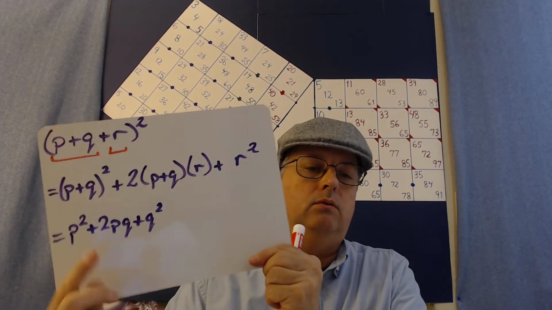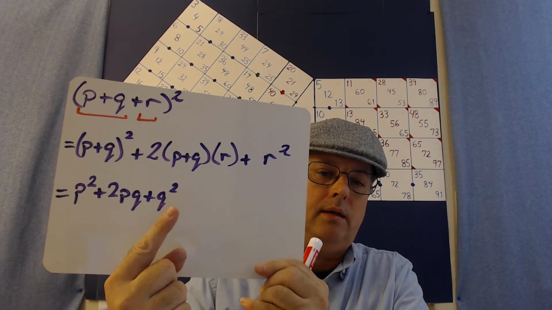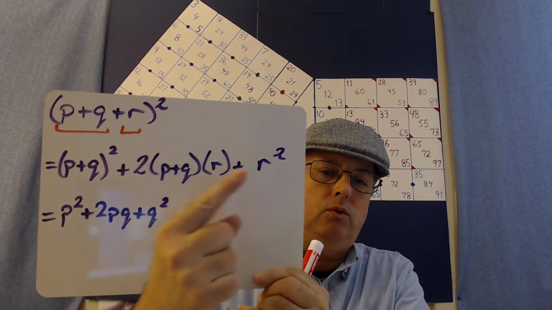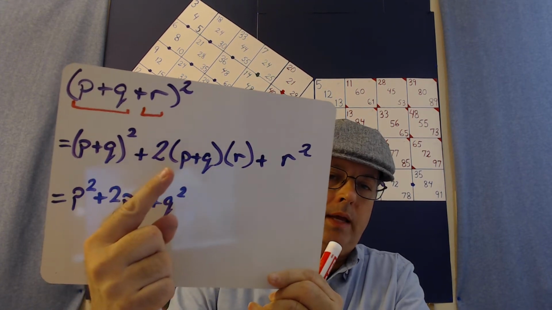Okay, now we already know that p plus q squared, well, we already did that before, but we'll write it out again here. P squared plus 2pq plus q squared. Okay, so applying that x plus y squared to just this portion here, we get that. And then if we run the 2r through the p plus q, so 2r times p is 2pr plus 2pr.